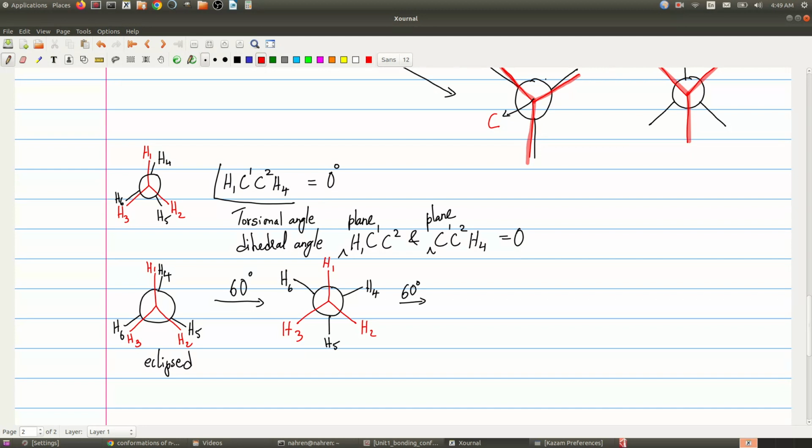Again, if you rotate this by 60 degrees, you will get another eclipsed conformation, with H4, H5, H6. If you again rotate this by 60 degrees, we will get another staggered conformation.